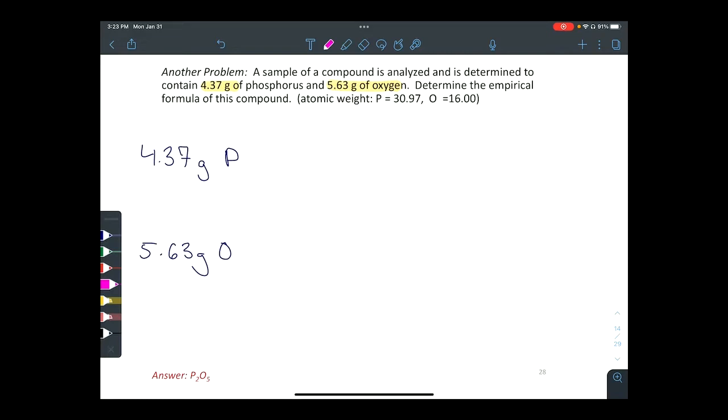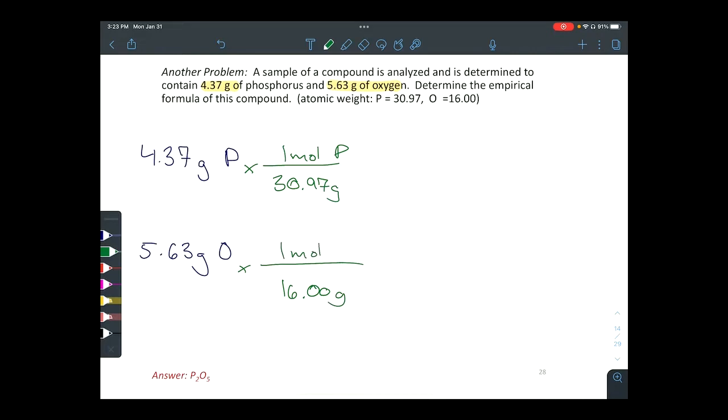So after you express them all in grams, our next step is to express them as moles, right? So we use the molar masses respectively for those elements. So phosphorus, I even give it to you, 30.97 grams, 1 mole of phosphorus, 16 grams oxygen. See, I like to set it all up and then just pick up my calculator once.